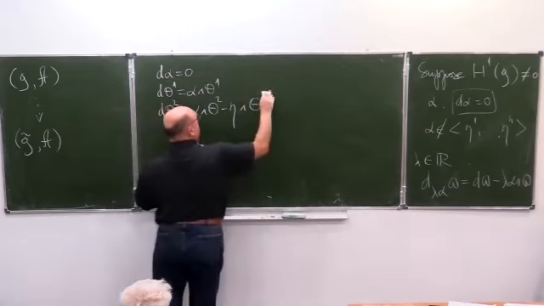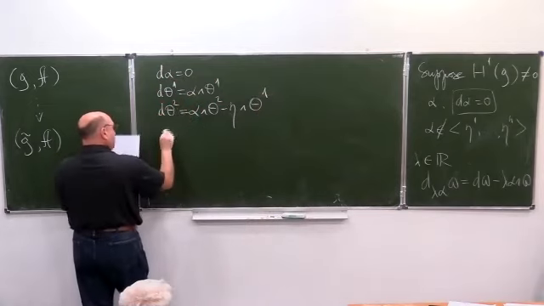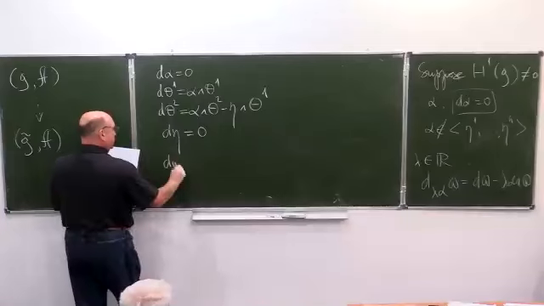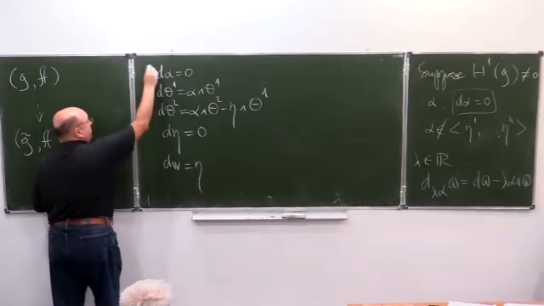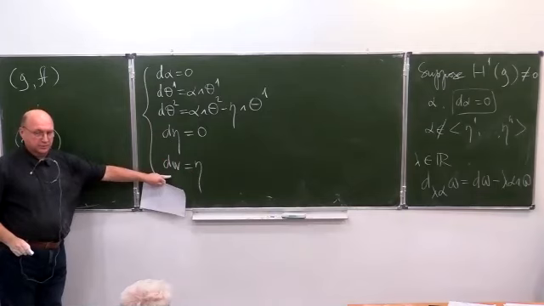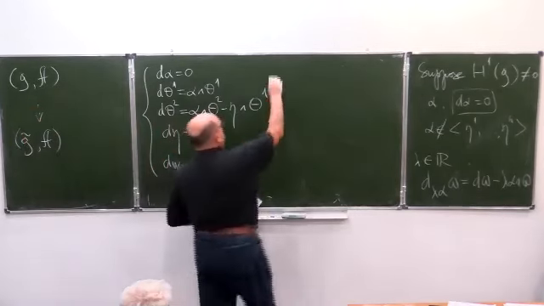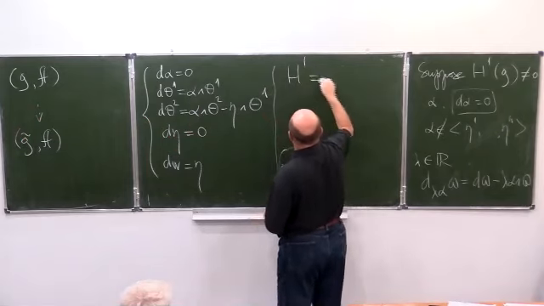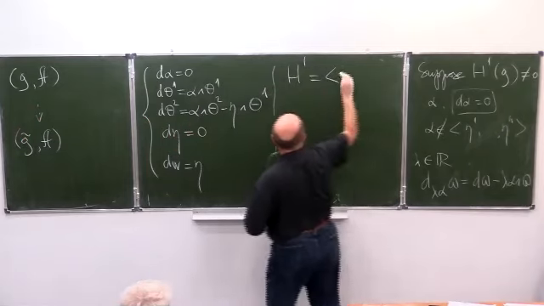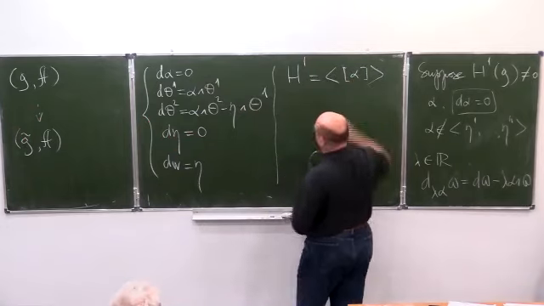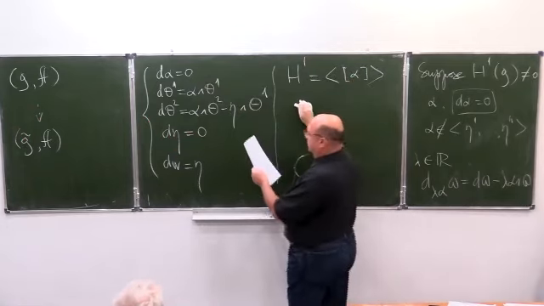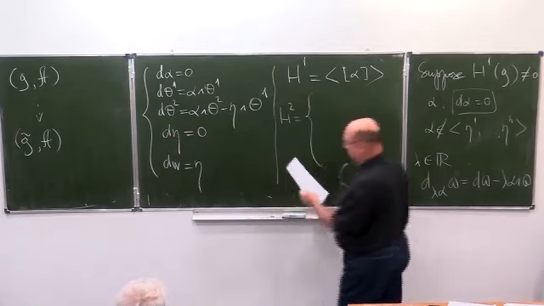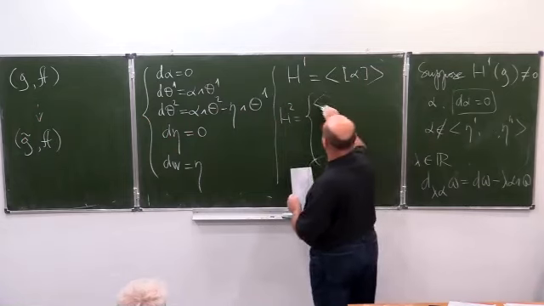And d eta is equal to 0, and eta itself is the differential of an invariant W, the only invariant W. Then the first cohomology group is generated by this alpha.